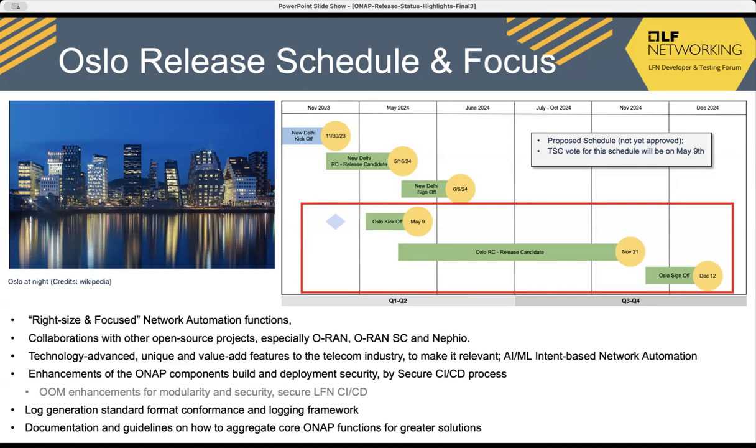We're also going to evaluate new technologies and value-added features for the telecom industry to make ONAP relevant. China Mobile and China Telecom have put a lot of investment into AI, ML, and intent-based network automation.